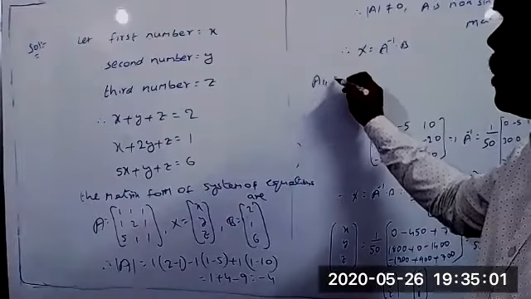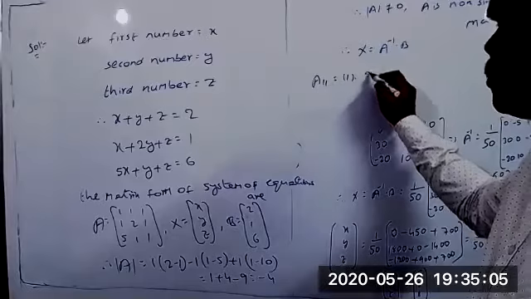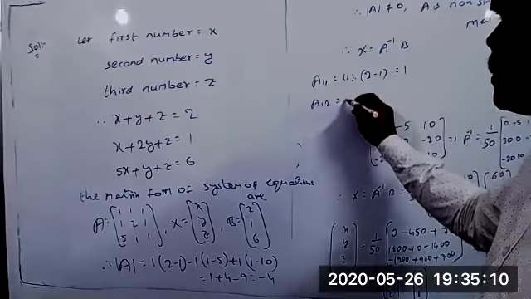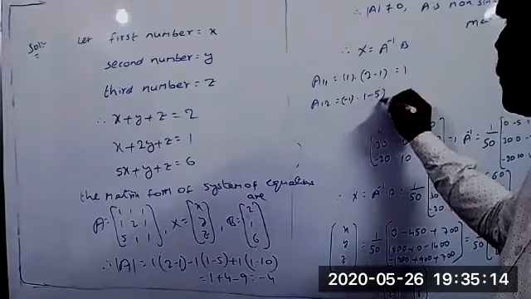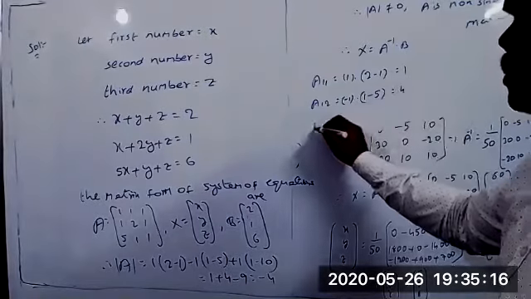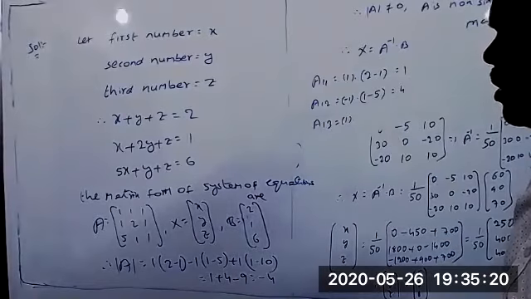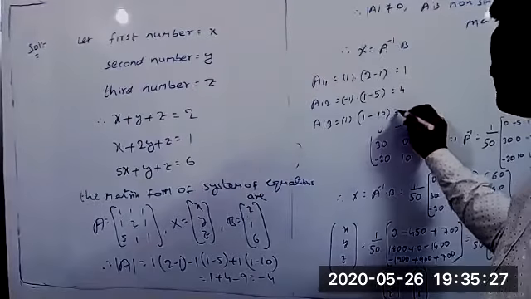So A11 equal to 1 into (2 minus 1) is equal to plus 1, and A12 equal to minus 1 into (1 minus 5) is equal to plus 4, and A13 equal to plus 1 into (1 minus 10), it is equal to minus 9.